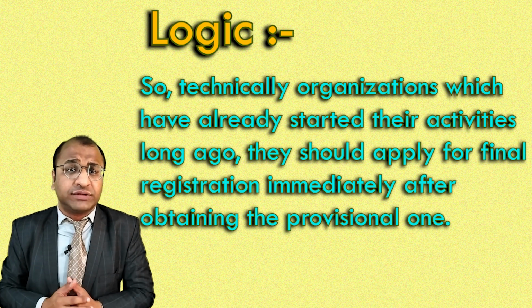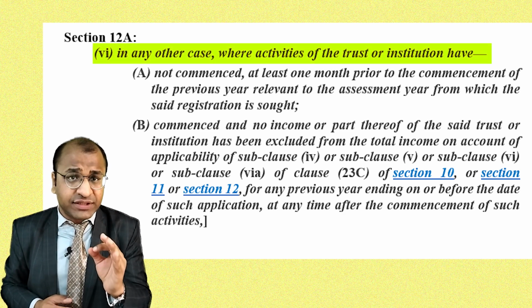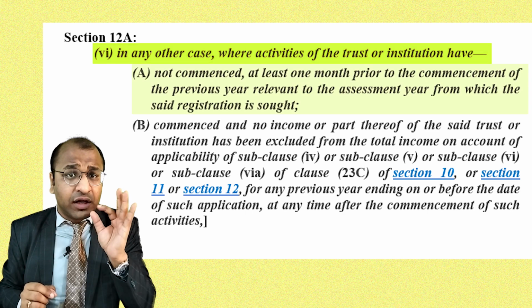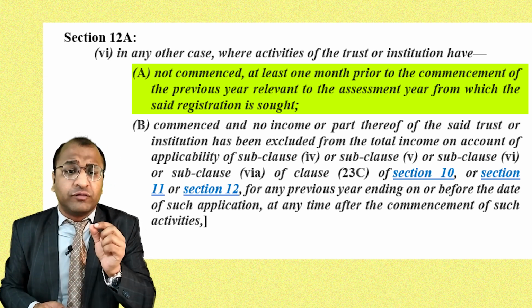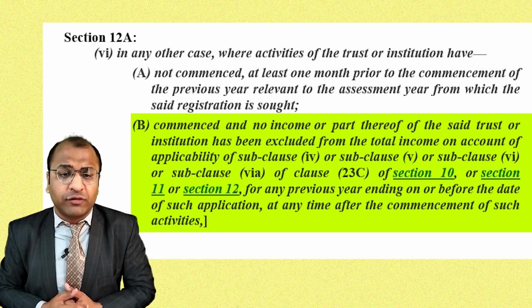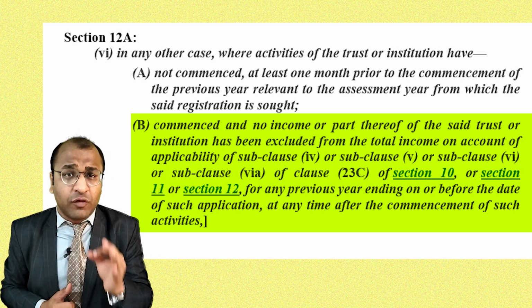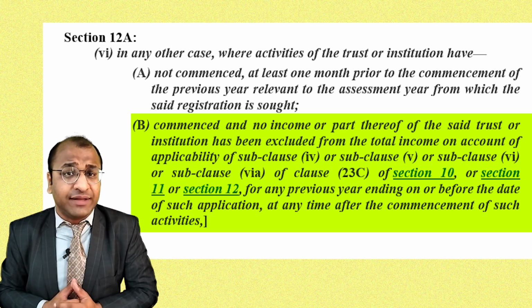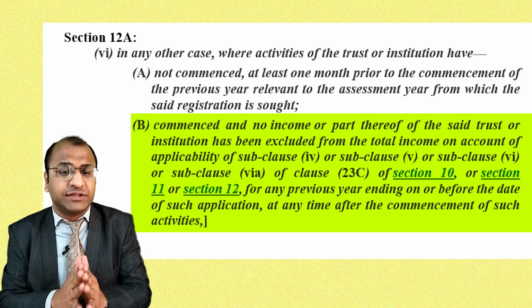Let's move on directly to subclause 6 of Section 12A, which says, in any other case, I repeat, the application in any other case where activities of the trust or institution have item A, not commenced at least 1 month prior to the commencement of the previous year relevant to the assessment year from which the said registration is sought, and item B, commenced and no income or part thereof of the said trust or institution has been excluded from the total income on account of the applicability of subclause 4, 5, 6, 6A of clause 23C of section 10 or section 11 or section 12 for any previous year ending on or before the date of such application at any time after the commencement of such activities.